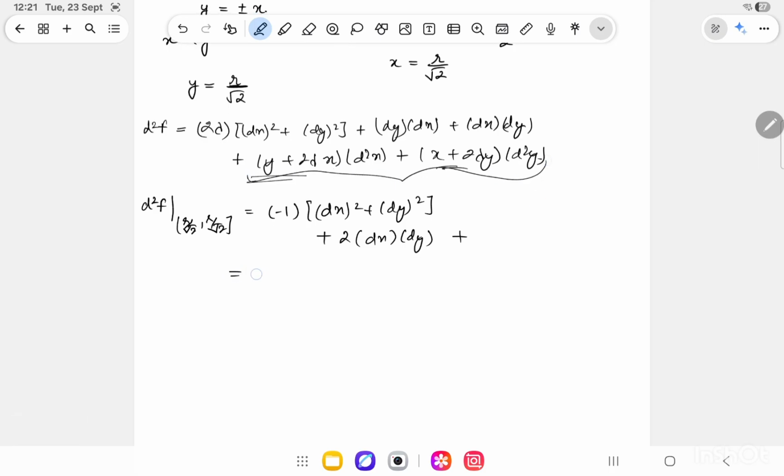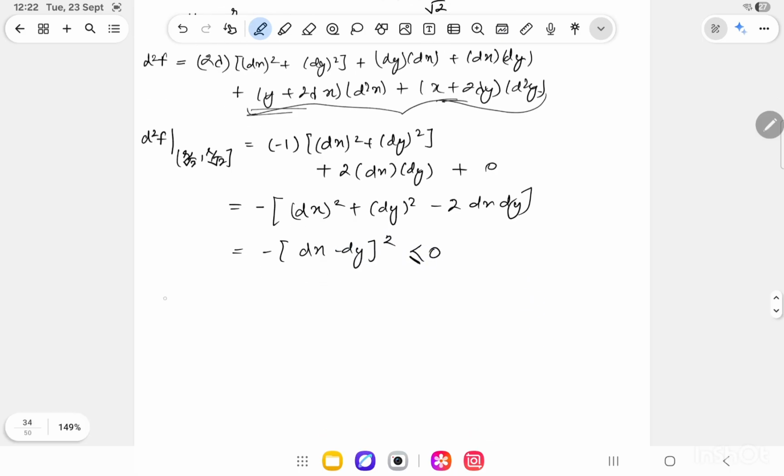I'm left with minus into (dx square plus dy square minus 2 dx dy), taking minus common from both terms. So this is minus into (dx minus dy) whole square, and this thing will always be less than or equal to 0. So we can say that at (r by root 2, r by root 2) the rectangle, or basically the square, will have maximum area.